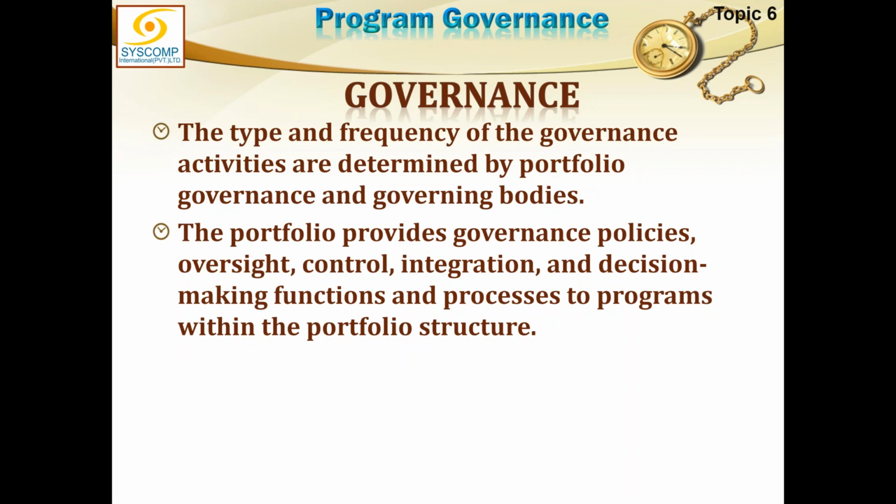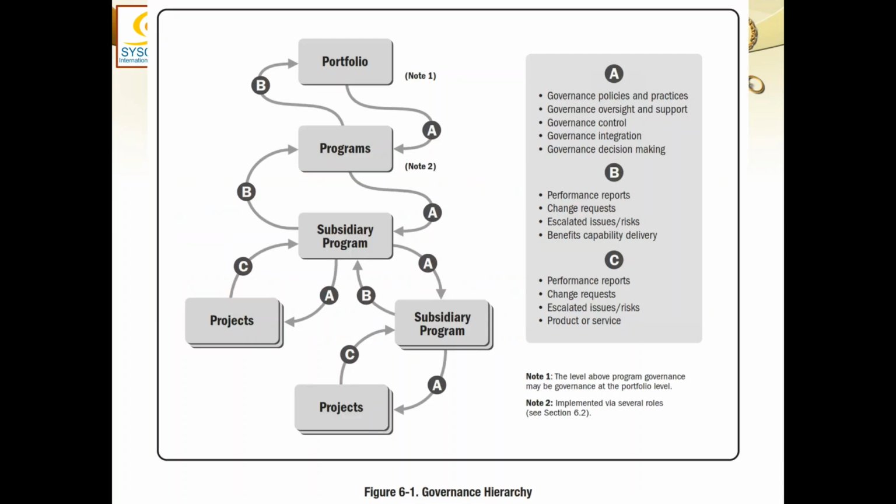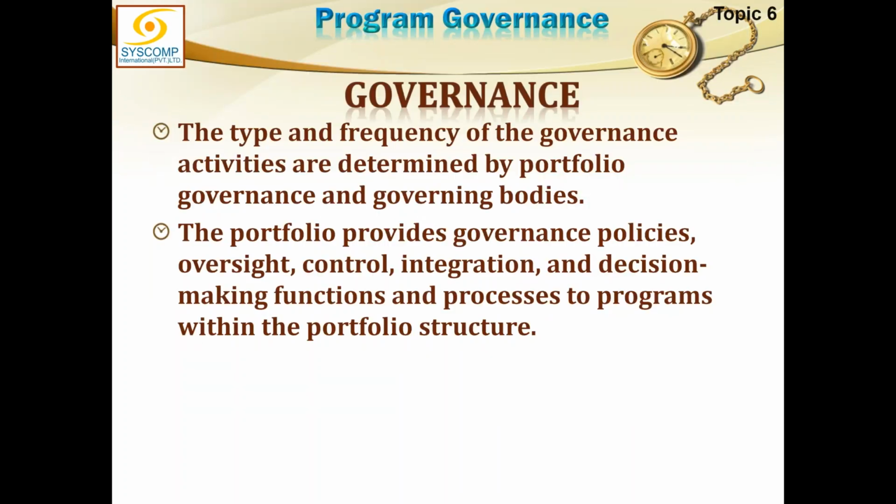So portfolio governance will tell us the type and frequency of the governance activities which are to go on. The portfolio provides governance policies, oversight, control, integration, and decision-making functions and processes to programs within the portfolio structure.